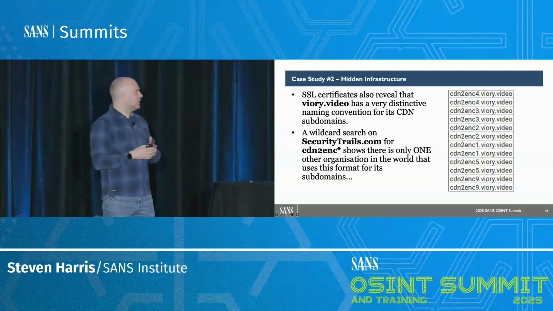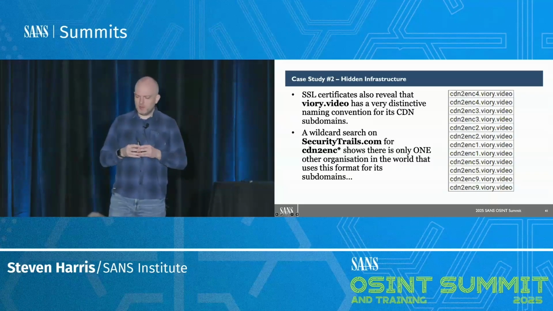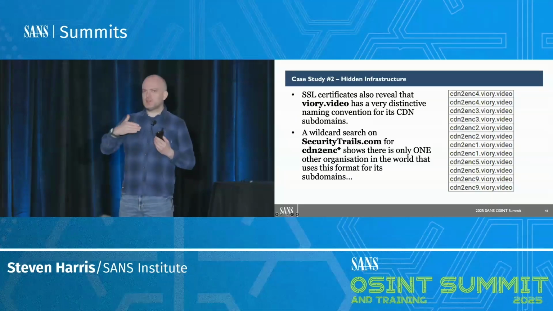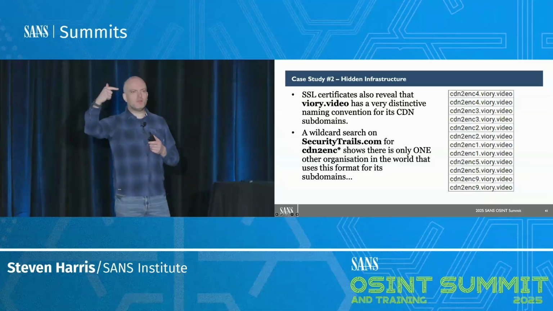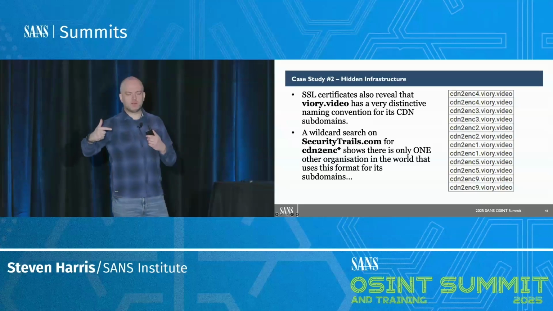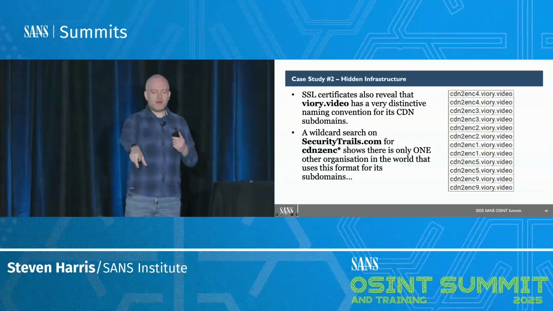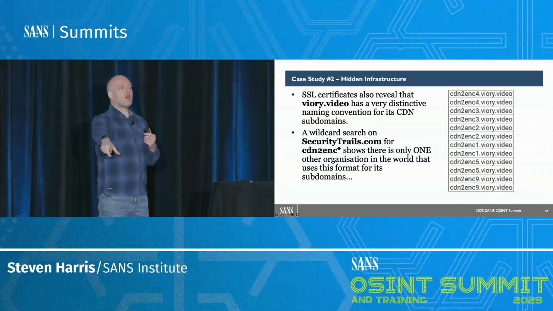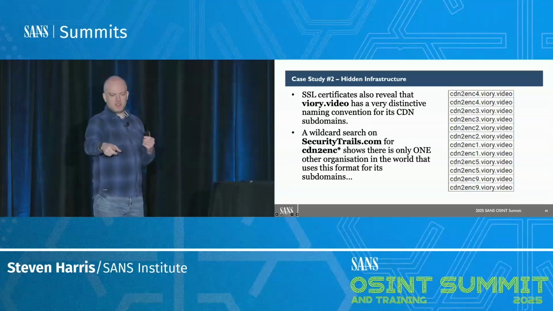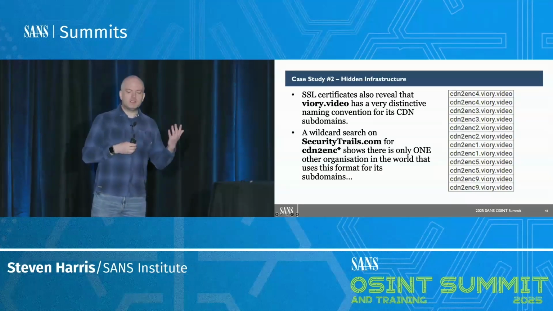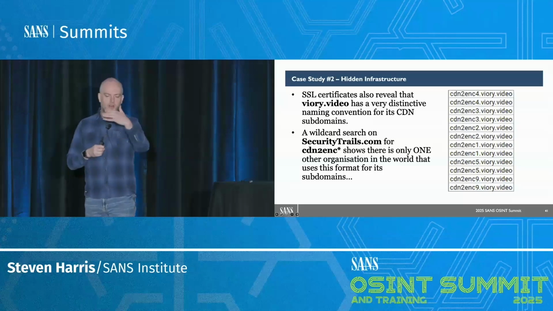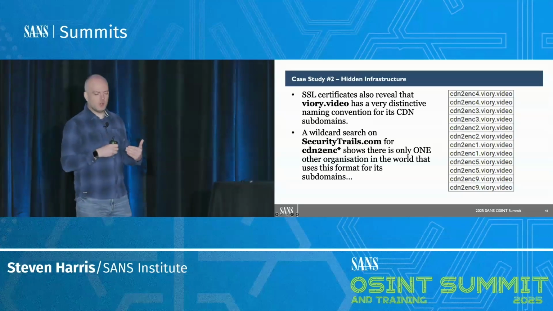There's something else we can do with the security certificates as well, and that's look at some of their other subdomains. So I went back to crt.sh and looked for some of the other certificates they'd obtained. I noticed they have this really strange way of naming their subdomains. You see here, they're all like cdn2, enc4, cdn2, enc3.viori.video, and so on and so on.